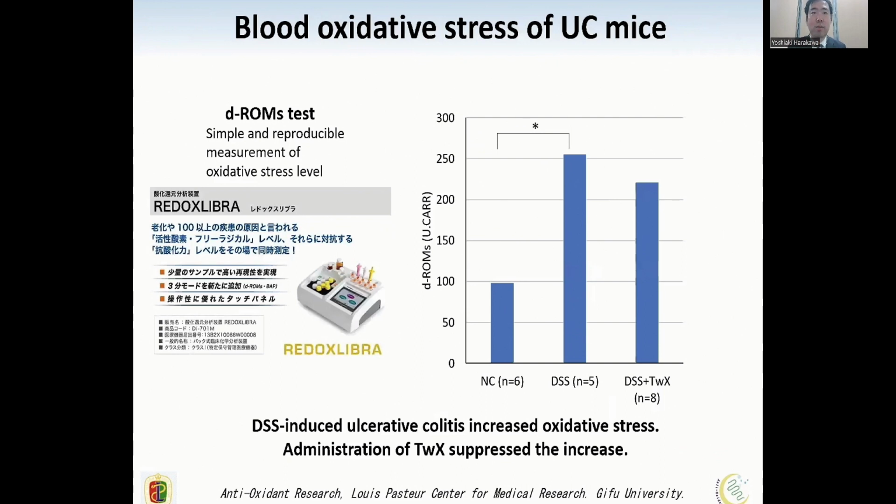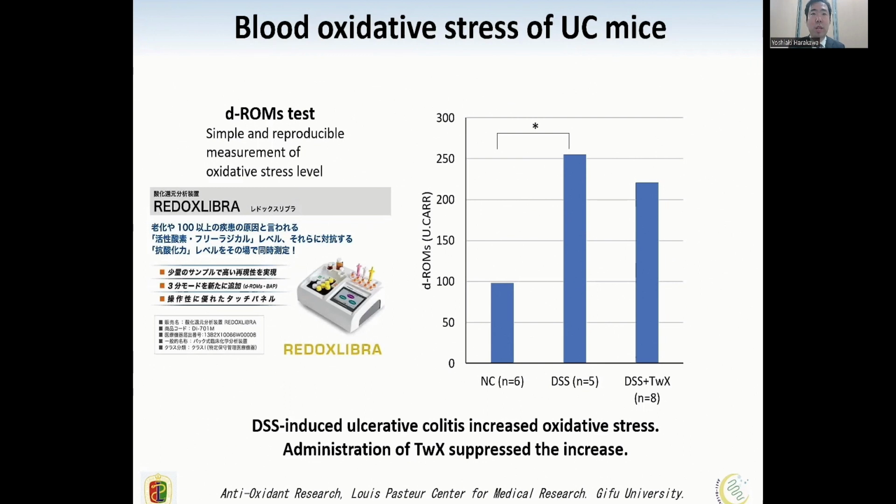First, oxidative stress levels in the blood of DSS-induced ulcerative colitis mice were measured. The d-ROMs test was used to measure oxidative stress. Reactive oxygen species and free radicals are difficult to measure because they disappear soon after formation.